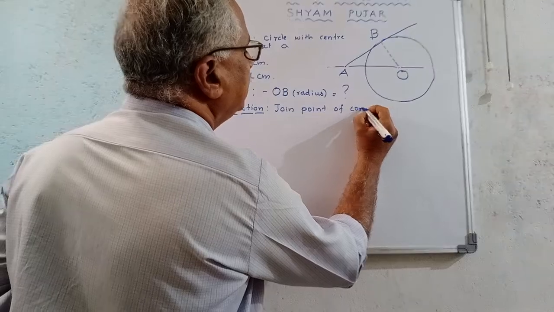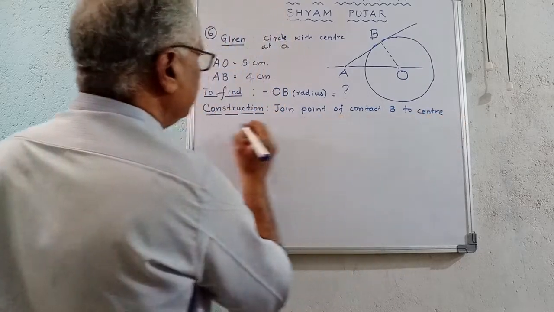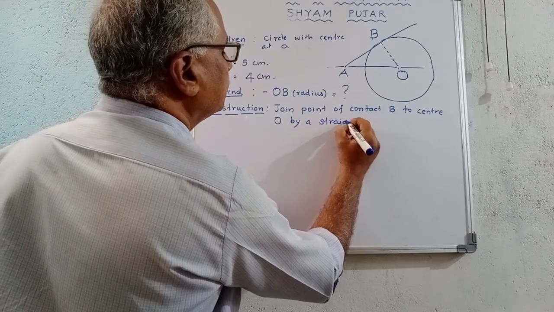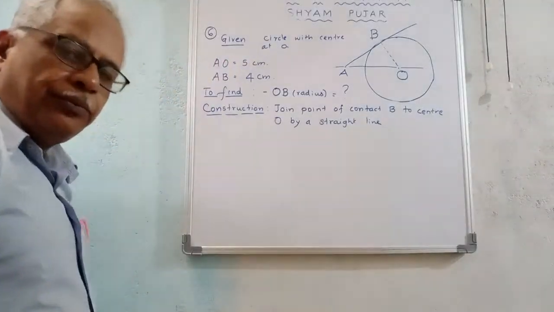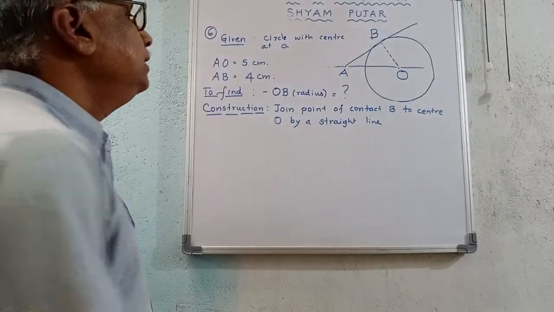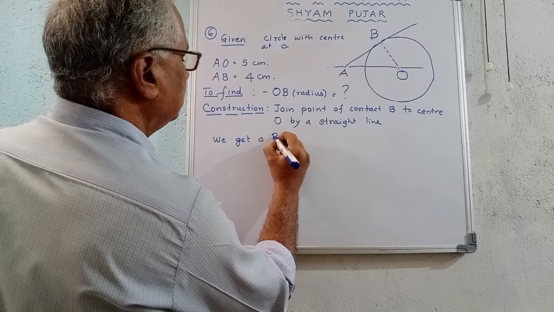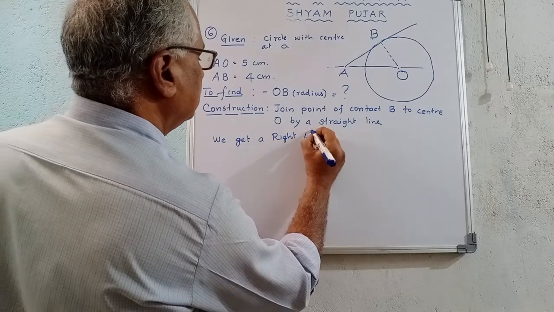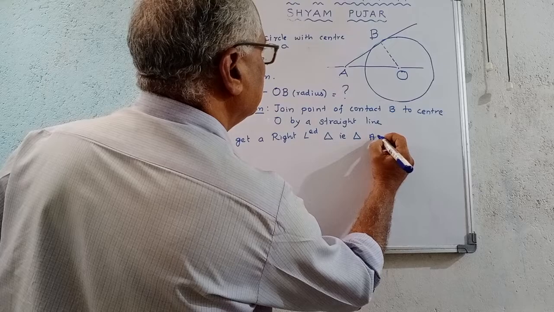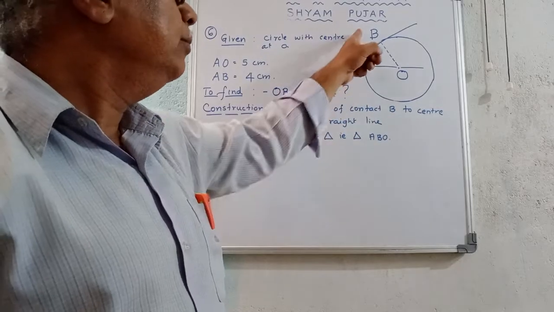Join the point of contact B to the center O. Joining the point of contact B with the center of the circle O, we get a right angle triangle, that is ABO.